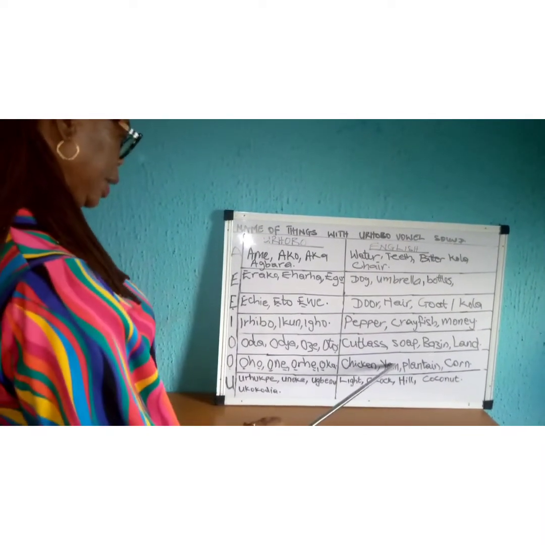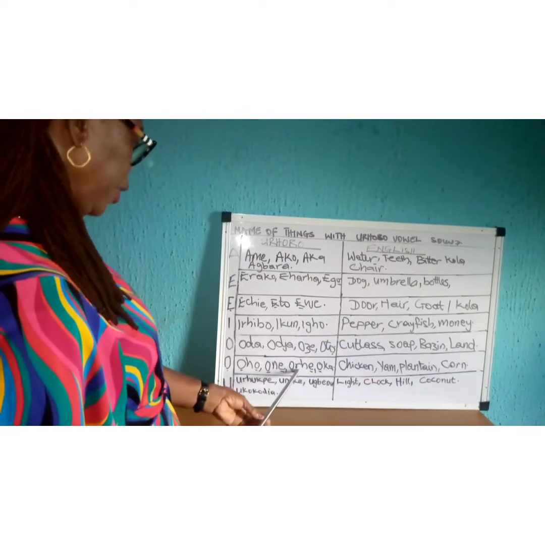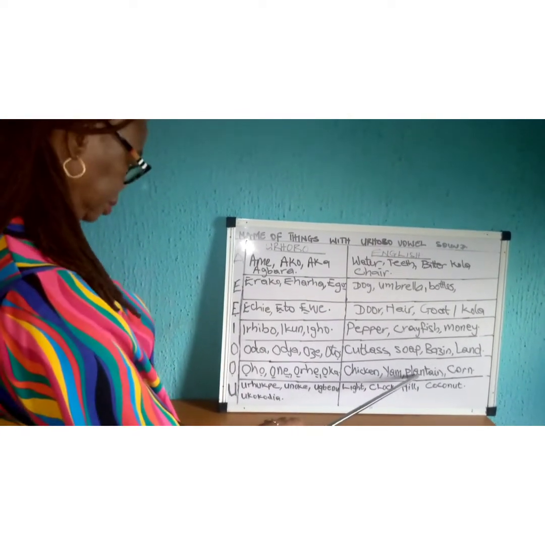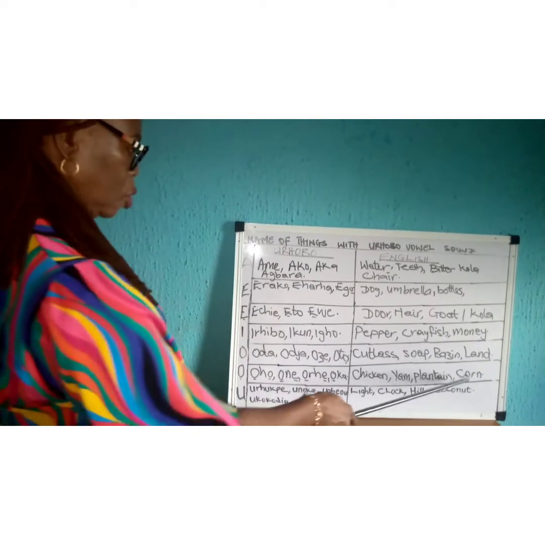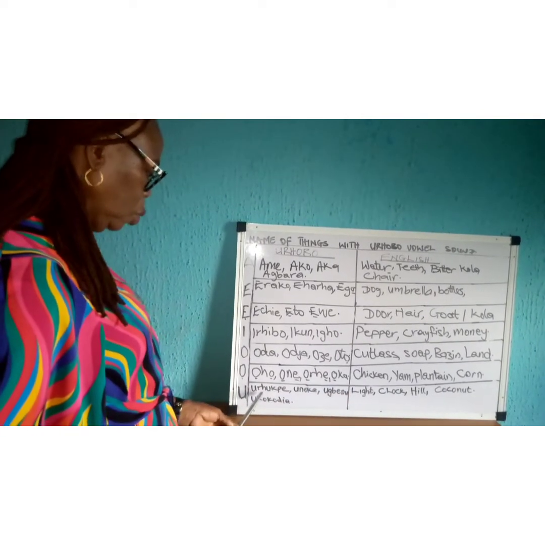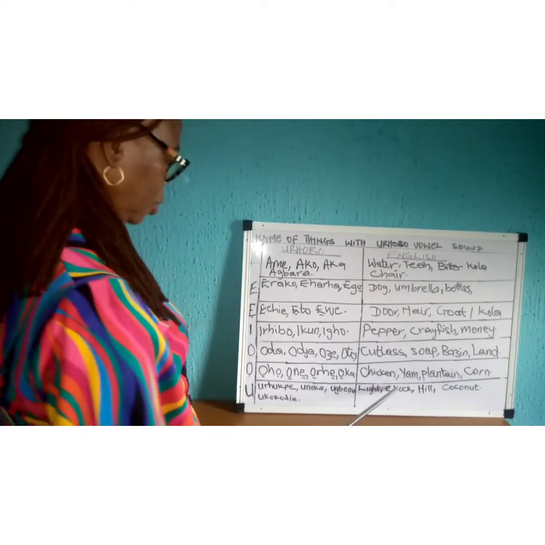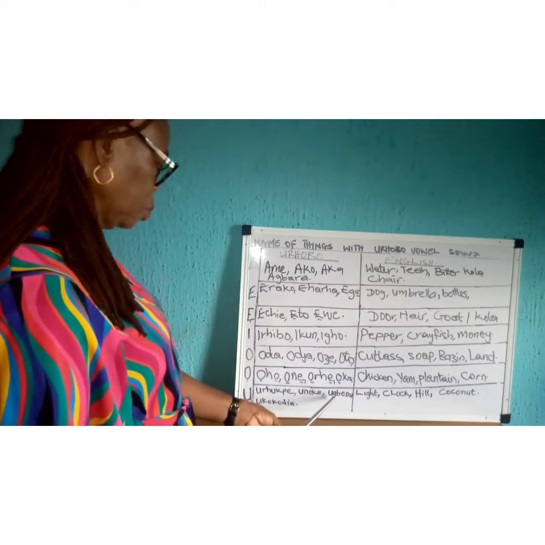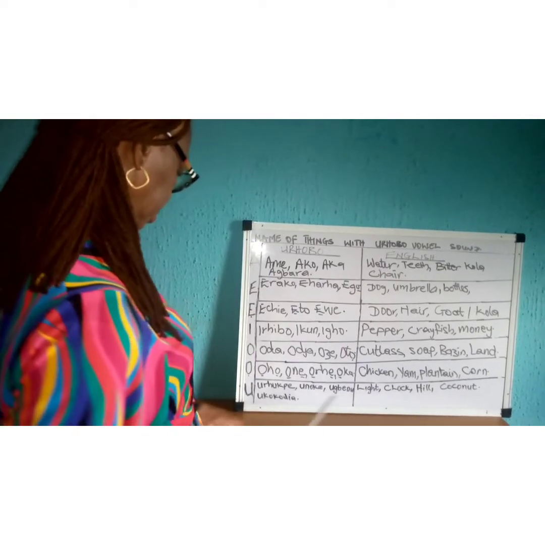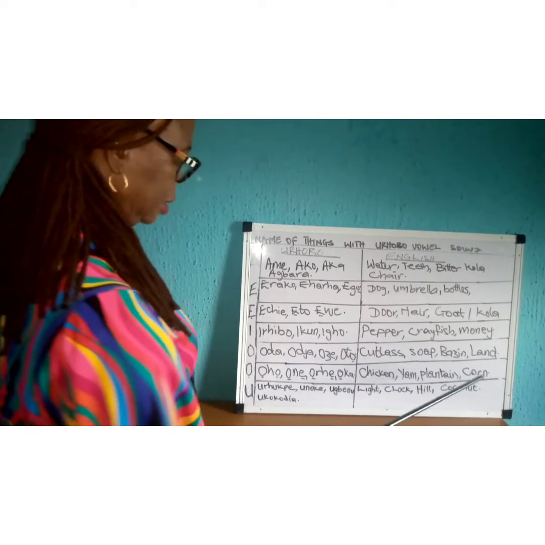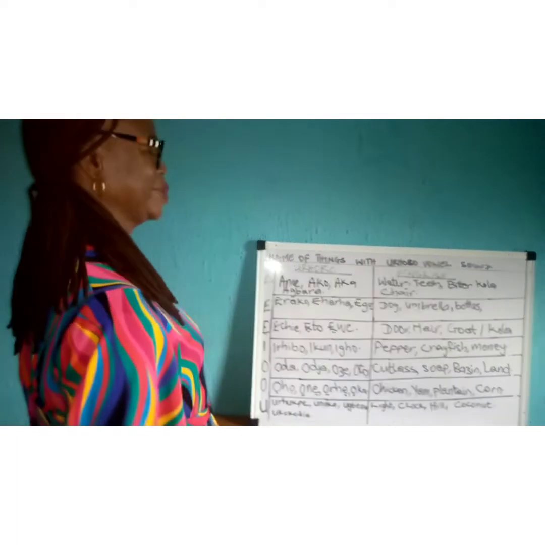One, yam. Ore, plantain. Oka, corn. Urukpe, light. Unoke, clock. Ugbenu, hill. Ukokodia, coconut.